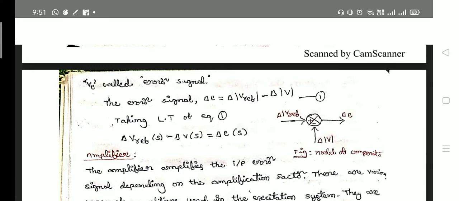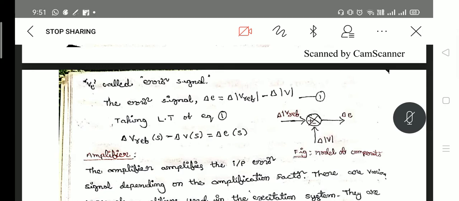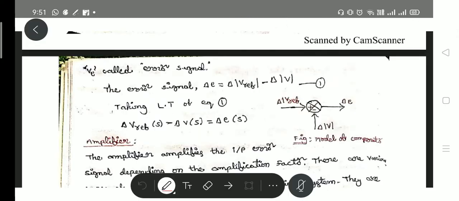Using control system notation, I use one summing point here. The output is delta E. The inputs are delta V reference with a plus sign and delta V with a minus sign.